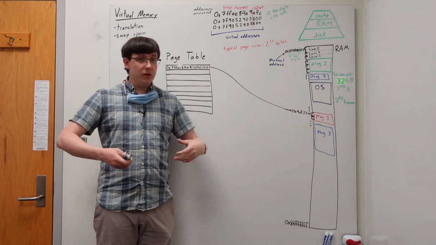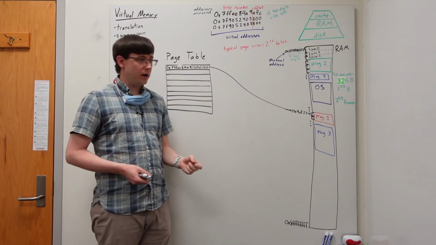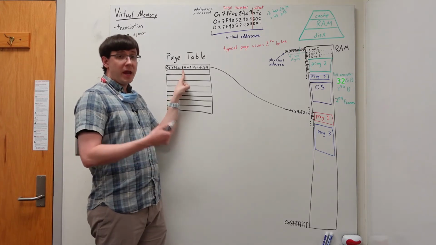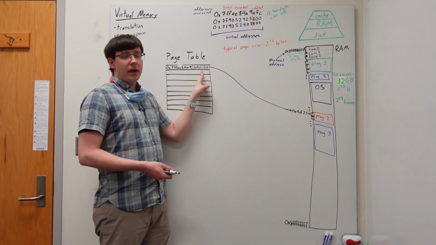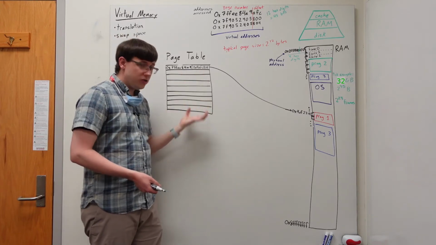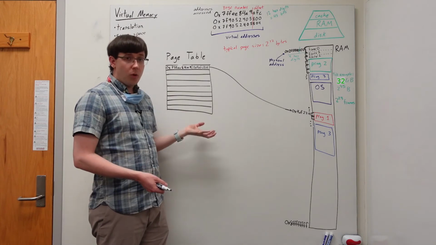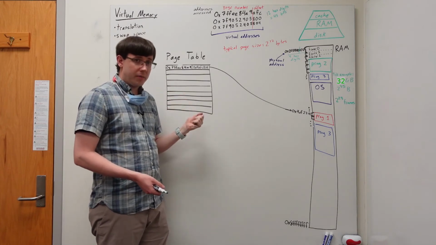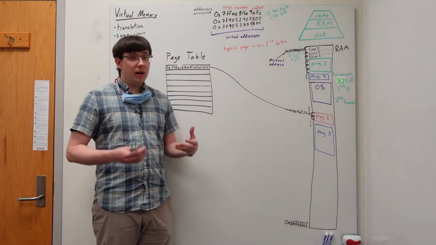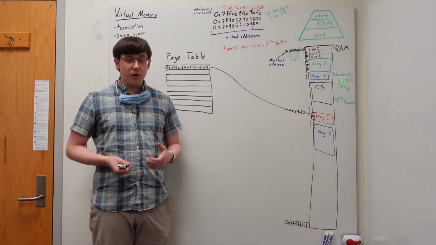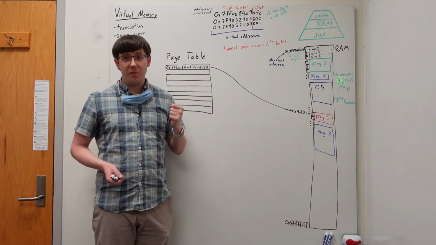But we want this table to facilitate quick lookups of, for a given page, where in RAM is that page stored. And so we need an efficient data structure for storing this mapping. If you've taken data structures, then you've probably seen lots of different options for data structures that can store this type of mapping.